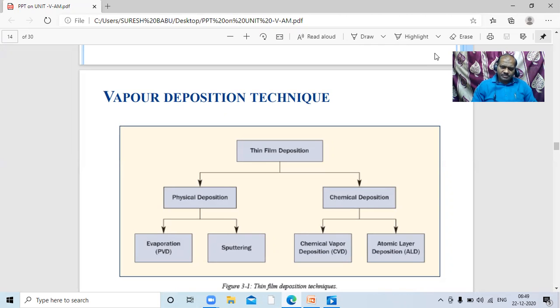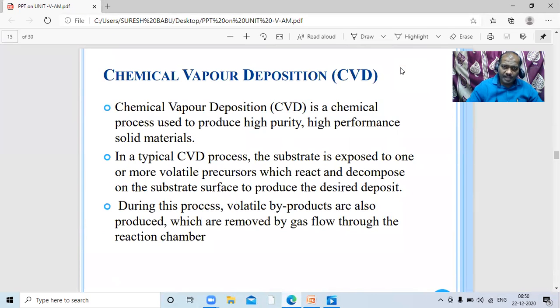In chemical deposition, chemical vapor deposition and atomic layer deposition are there. Physical deposition is like painting. It is like dipping in sugarcane juice, so that the component gets a sweetness. Like that, we can have a physical deposition method. We'll discuss one by one.